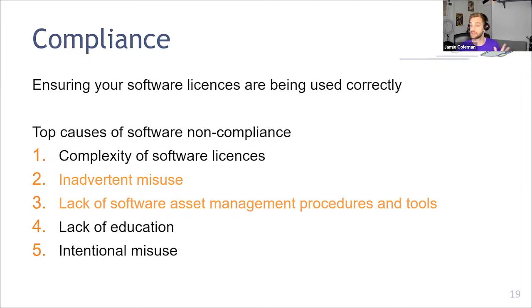The main two that build packs help solve are the inadvertent misuse and the lack of software asset management procedures, because it can produce, for example, SBOMs, bills of materials that can help you look at the licenses.